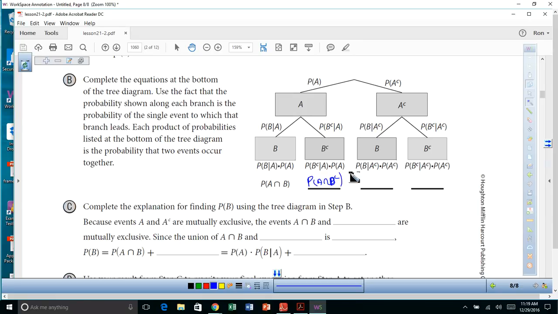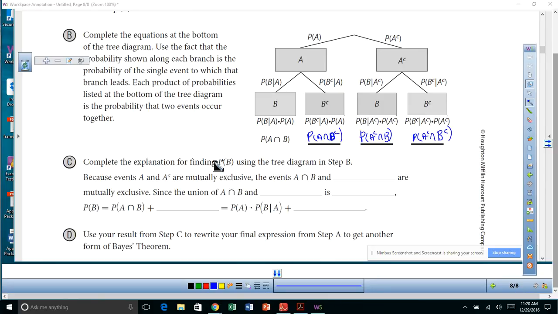That's going to give you the probability of A complement intersection B. And this will give you probability of A complement intersection B complement. Remember up there, probability of A times the probability of B given A was probability of A intersection B.